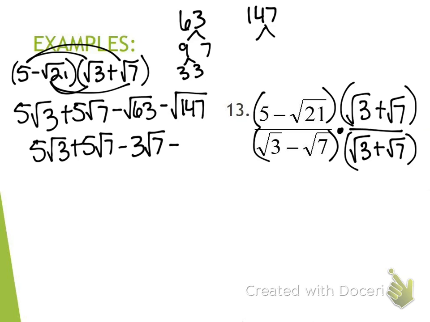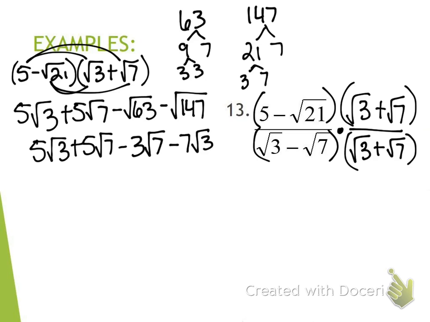If you're not sure about it, in order to get 147, we had to multiply 21 times 7. So we can break it back into that. 21 breaks into 3 and 7. So what does it become? Wonderful. Questions about how we simplified those?